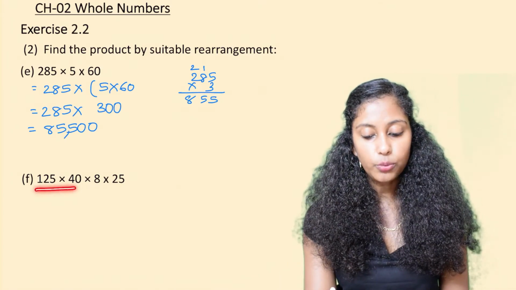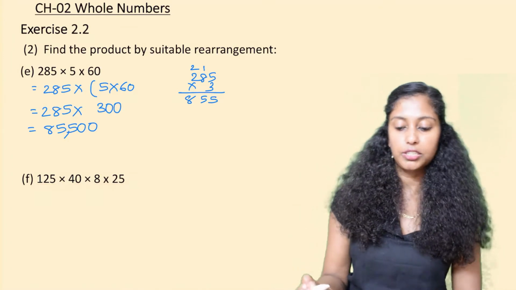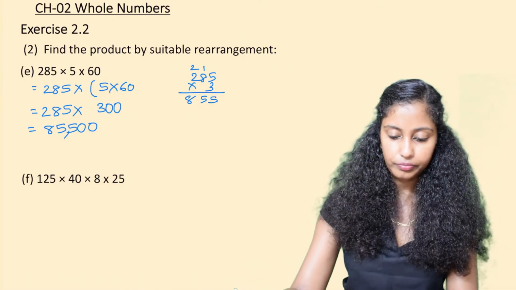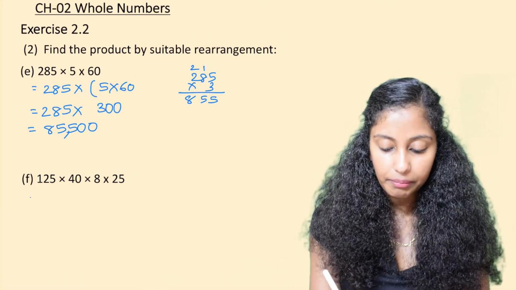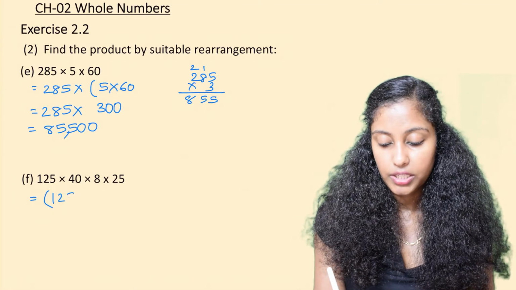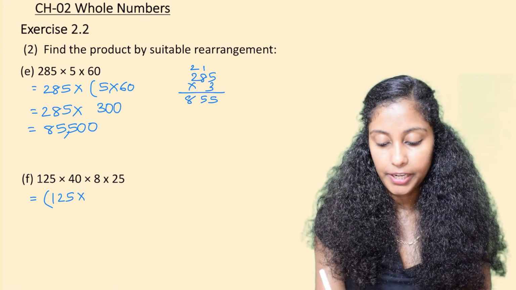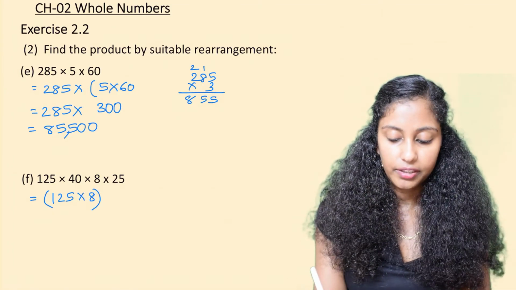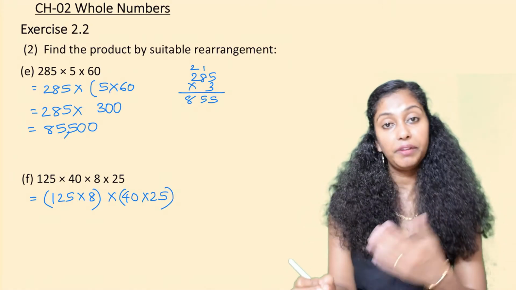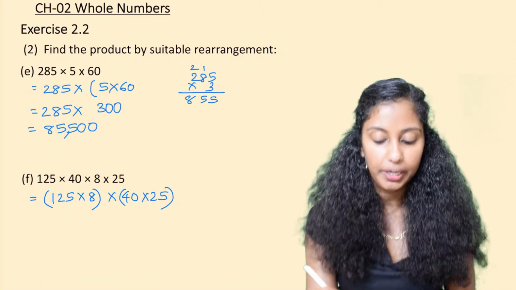Next question is 125 multiplied by 40 multiplied by 8 multiplied by 25. So if we remember, in the previous sums we did 125 multiplied by 8, and then here we do 40 multiplied by 25, because in the previous sums we have done 25 multiplied by 4.